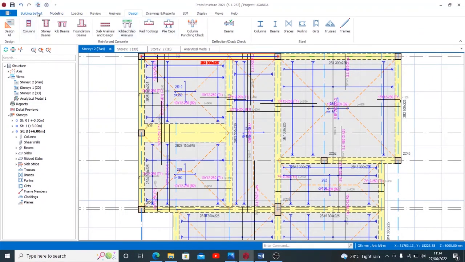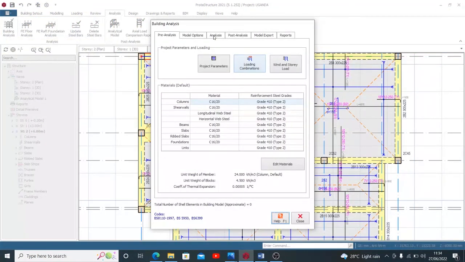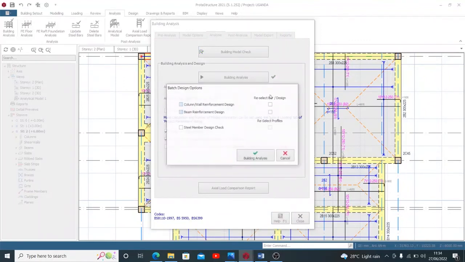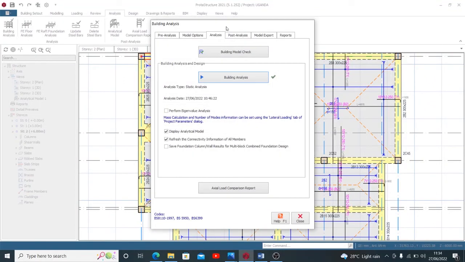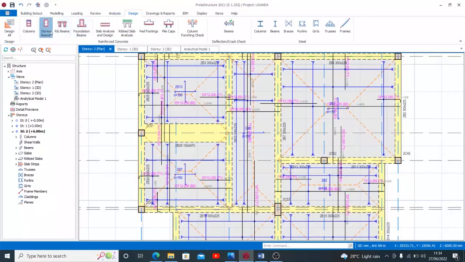My analysis is complete and up to date, so I don't need to rerun it. But if you had not done yours, you can just run your analysis and make sure it passes, right? From there we can check our design for that particular beam.